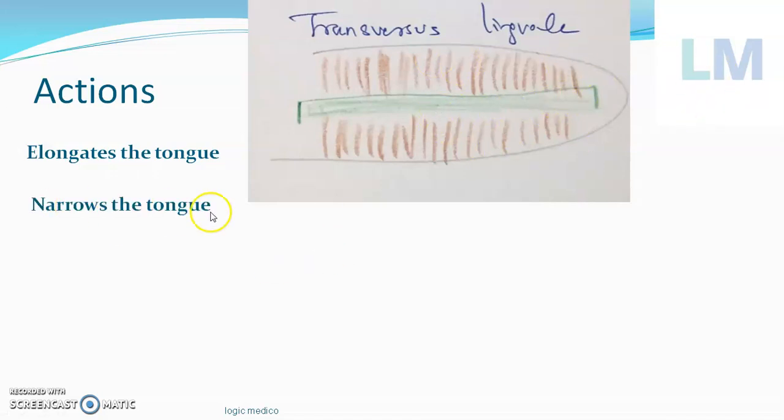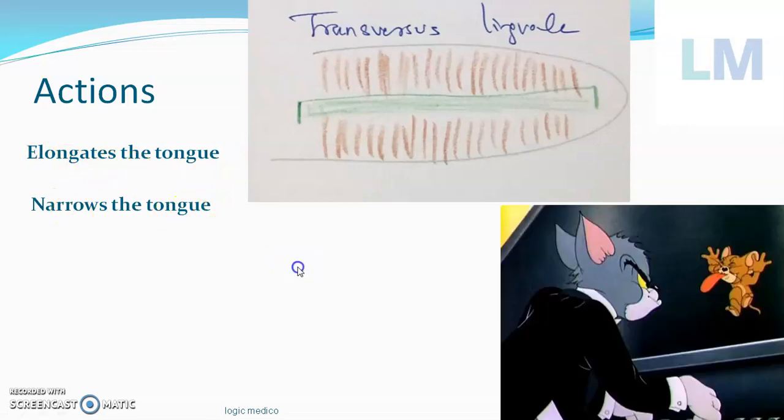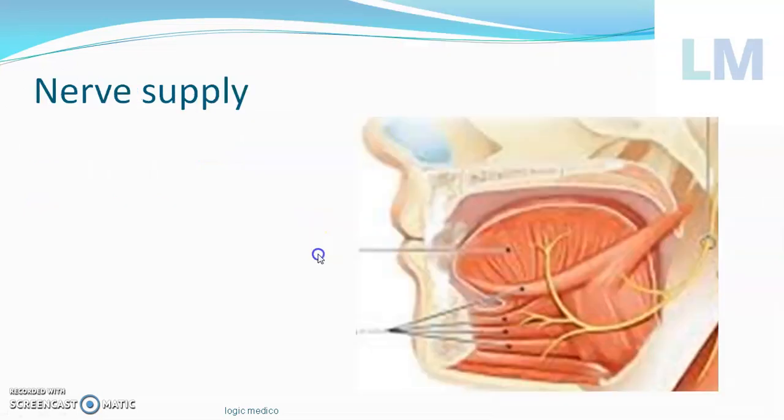It also narrows the tongue, right? When you squeeze your tongue from side to side, it narrows the tongue as well. This is like the favorite Tom and Jerry cartoon you must have seen, where it's elongated and becomes narrow. So now you would have understood that Jerry is using this muscle, transversus linguae.